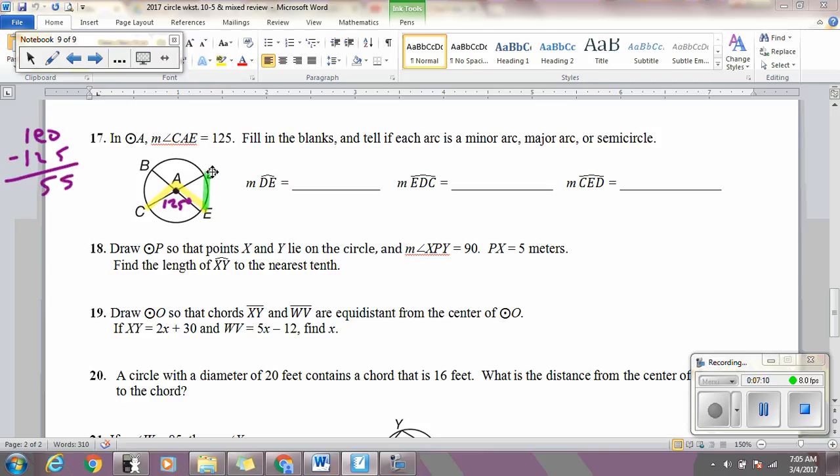So this angle DAE is 55. Since angle DAE is 55, the measure of arc DE will equal the measure of angle DAE. So that means it'll equal 55 degrees as well. And since that is less than 180, that makes it a minor arc.